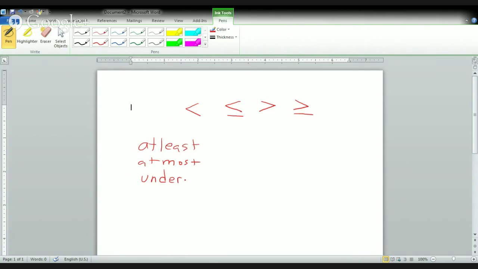When you see these words, a lot of times, if you think about money in my pocket, and so if I think about I have at least $6 in my pocket.